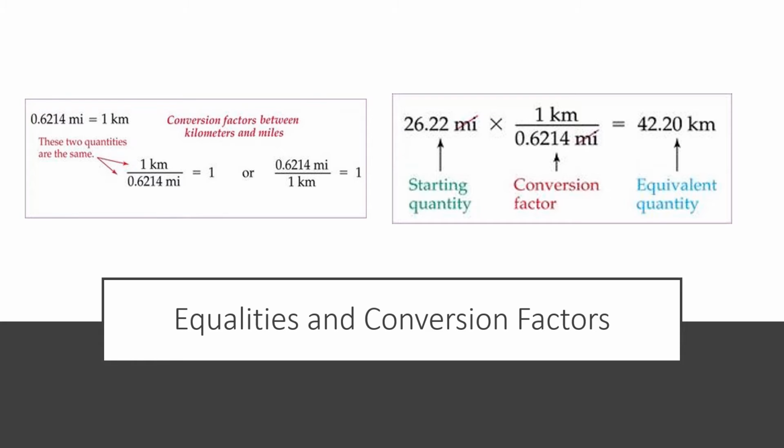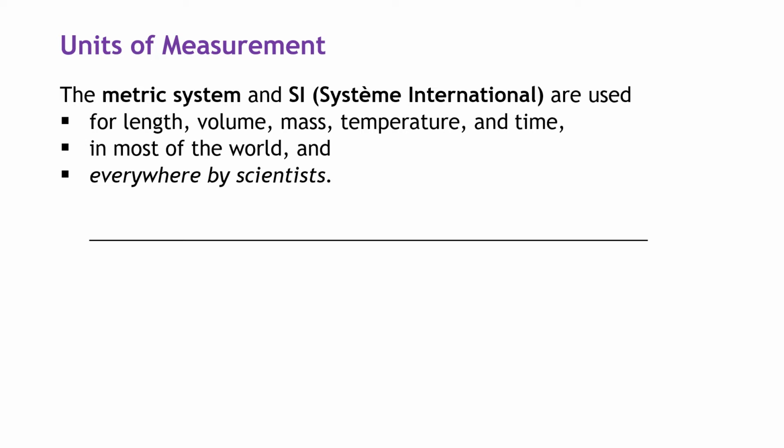So here our starting quantity is 26.22 miles, and we multiply it by a conversion factor, and we make sure that miles are in the denominator so that they will cancel with the miles in the starting quantity. And that's going to give us this number, which is 42.2 kilometers. So you can see here that in kilometers we have almost double the amount. Not quite, but that makes sense because there's fewer miles in 1 kilometer.